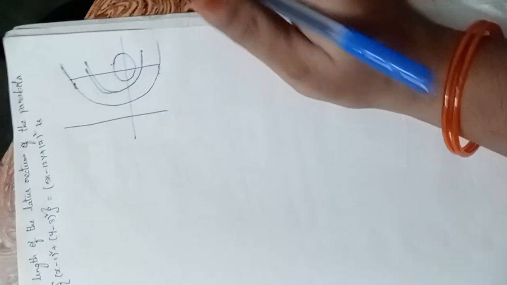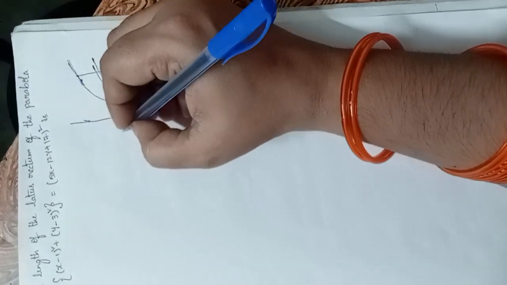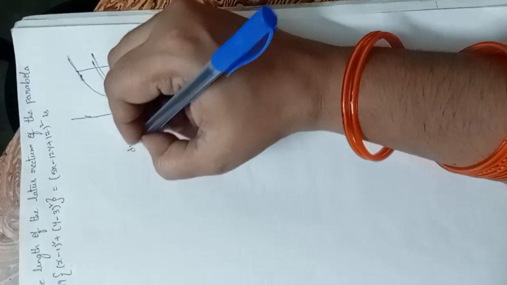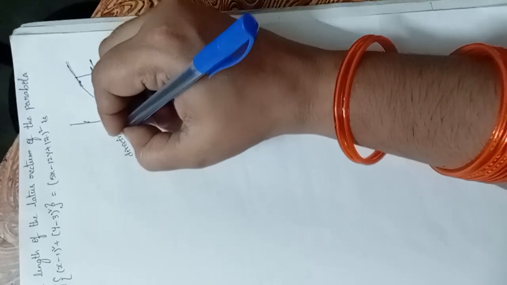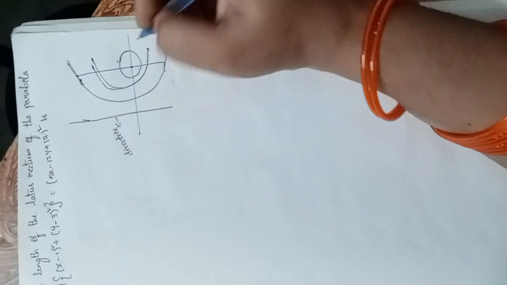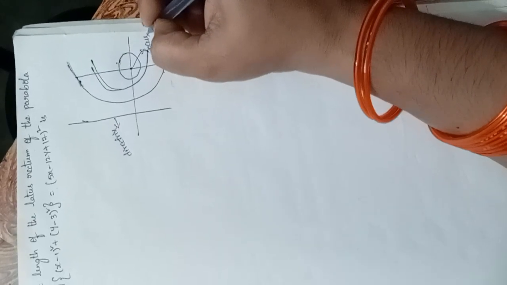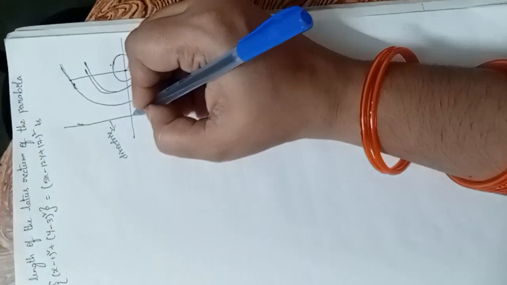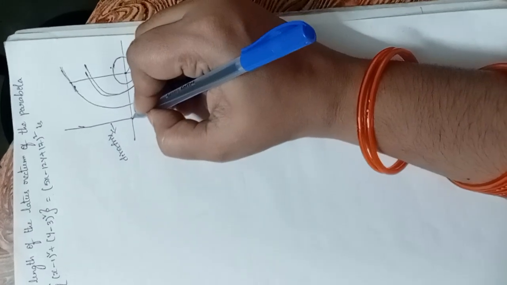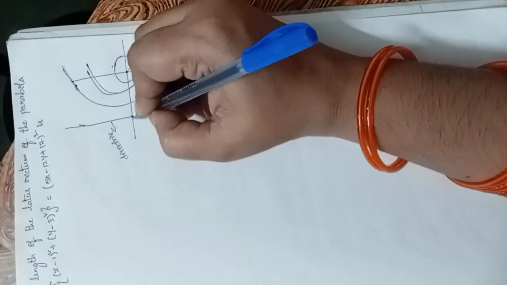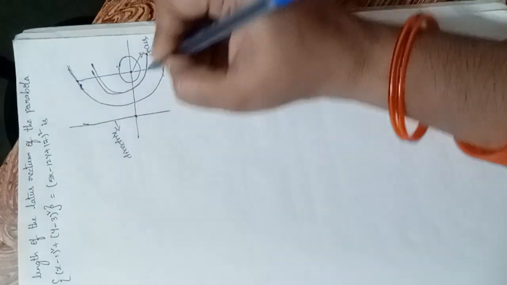If you take the figure like this, this will be the directrix, this will be the focus. Now this point to this point, the distance will be perpendicular, right?